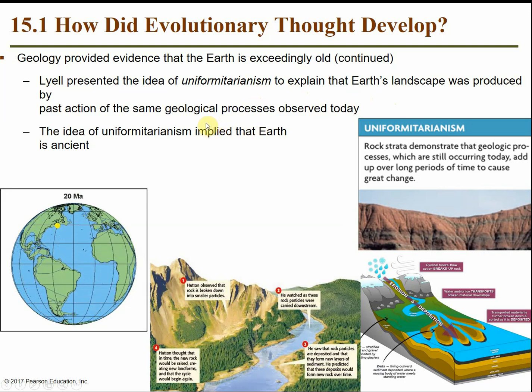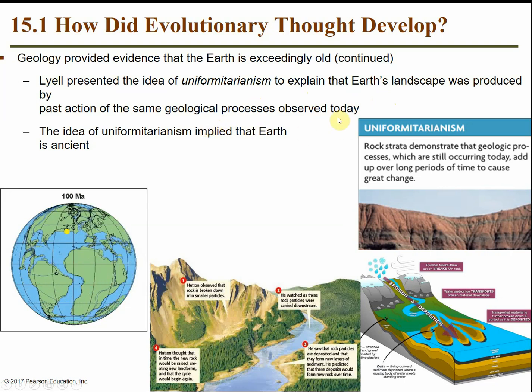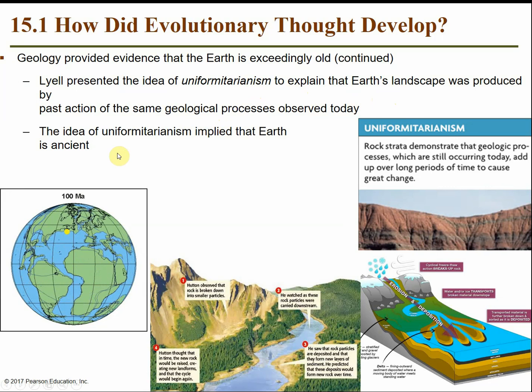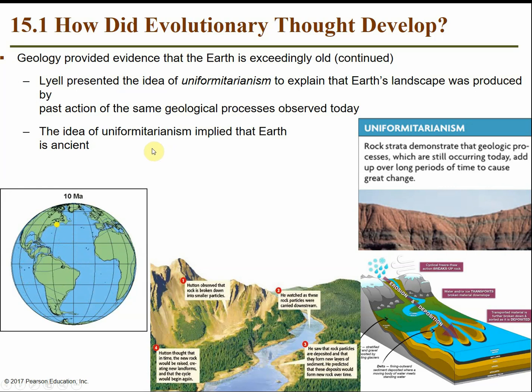So these same geological processes occur today the same way that they have always occurred since the beginning of the Earth. So what we know about geological processes today is that they are very slow, very long accumulating. So geology is a very long, drawn-out science. But based off of this, we can imply then that the Earth is very ancient to have all of the landscape that we have, all of the different rock layers.